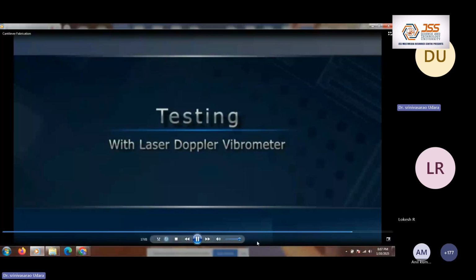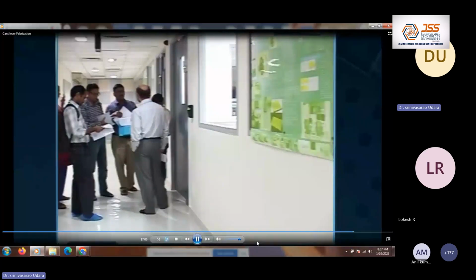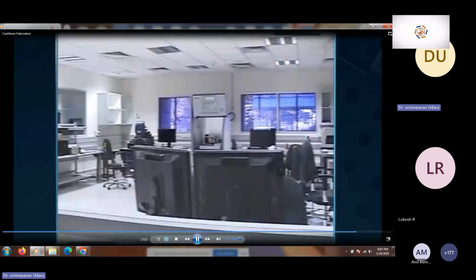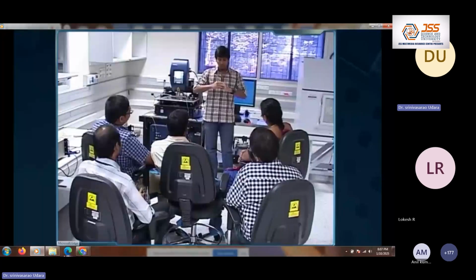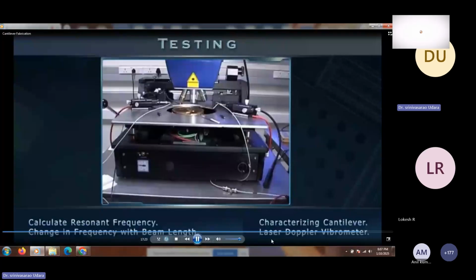We are now in the MNCF characterization facility adjacent to the NNFC. Here, we shall use a scanning laser Doppler vibrometer to verify that cantilever beams have indeed been released and therefore are functional.